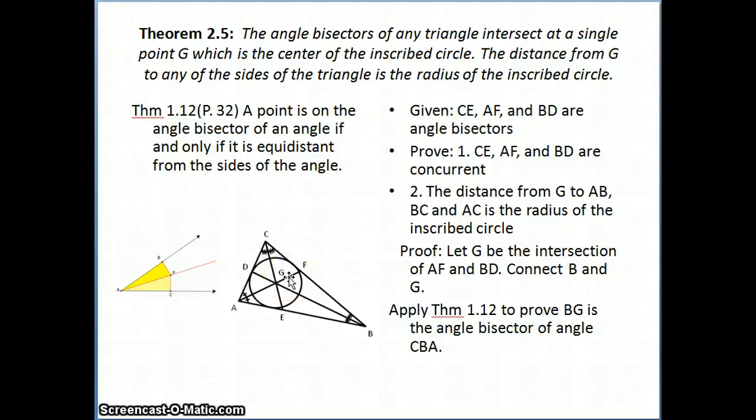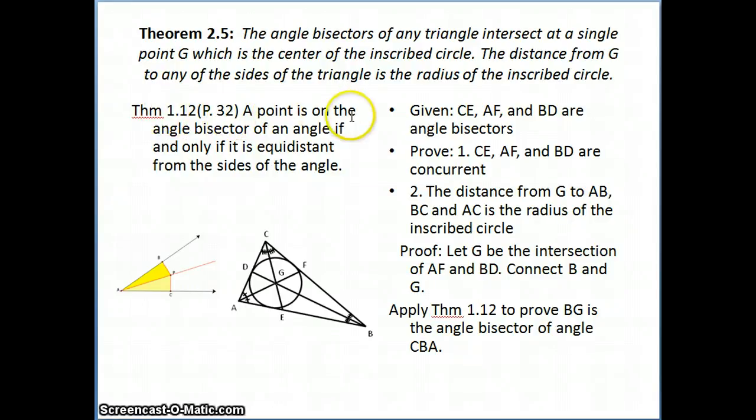But the properties of angle bisectors are kind of similar to the property of medians. The 3 medians are concurrent, and here, the same thing: we prove the 3 angle bisectors are concurrent too. In this proof, we will use theorem 1.12 on page 32.